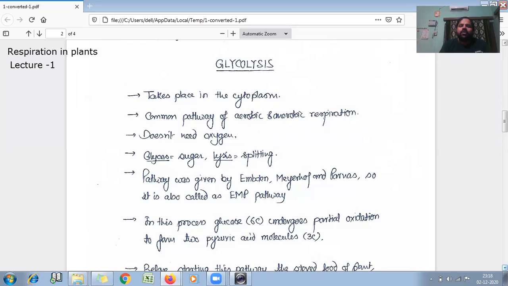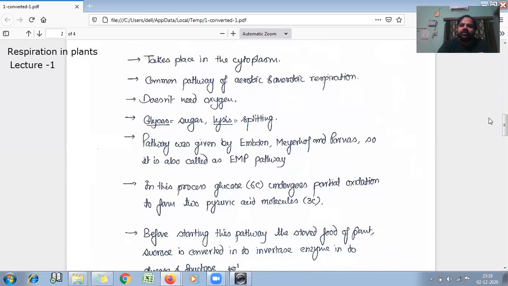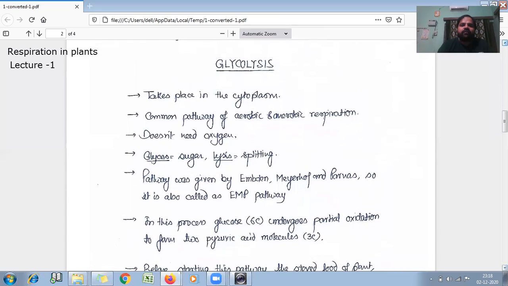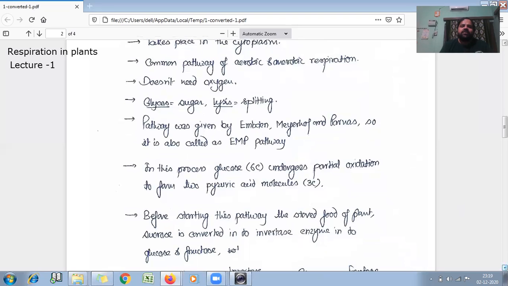It means it is an oxygen independent process, and we can understand the meaning of glycolysis: glyco means sugar and lysis means splitting. Here, the splitting of glucose will be done. The pathway was first described by Embden, Meyerhof, and Parnas.